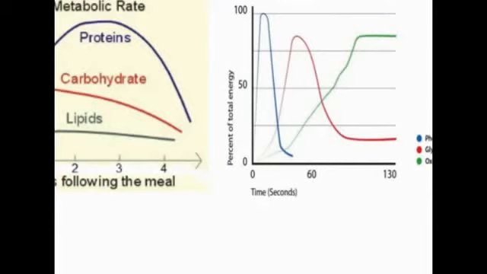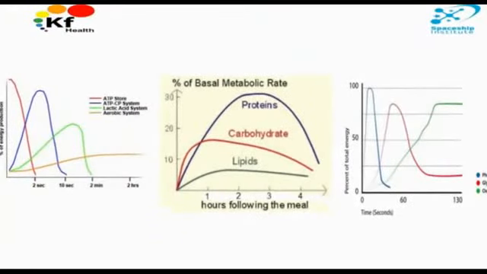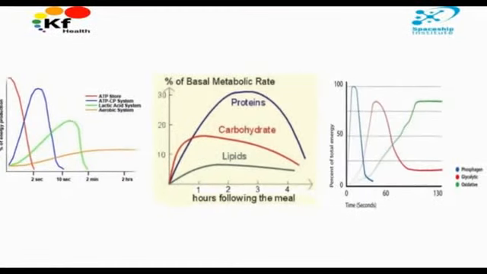Then we go to the next slide. 24, this is the schematic view of how we use the energy of proteins, carbohydrates, and lipids, and what kind of energy they give us over time. As you see from the beginning, the carbohydrates give us energy like a quick start.